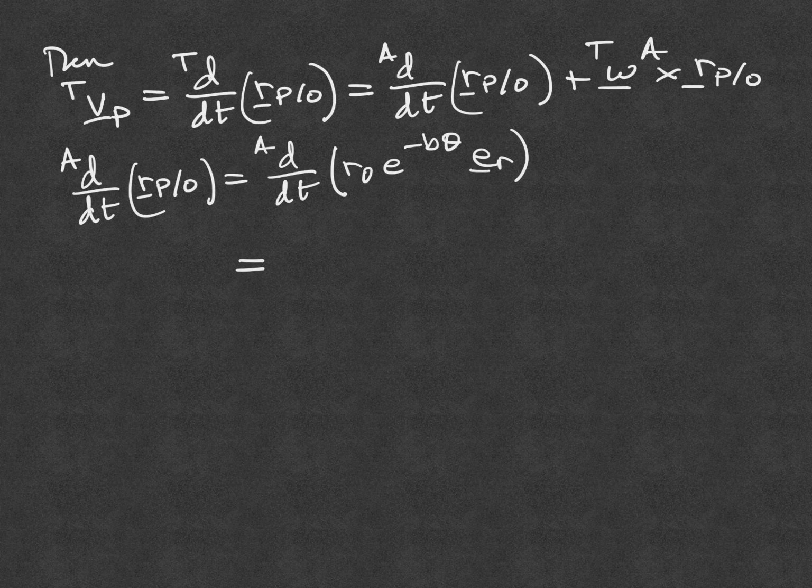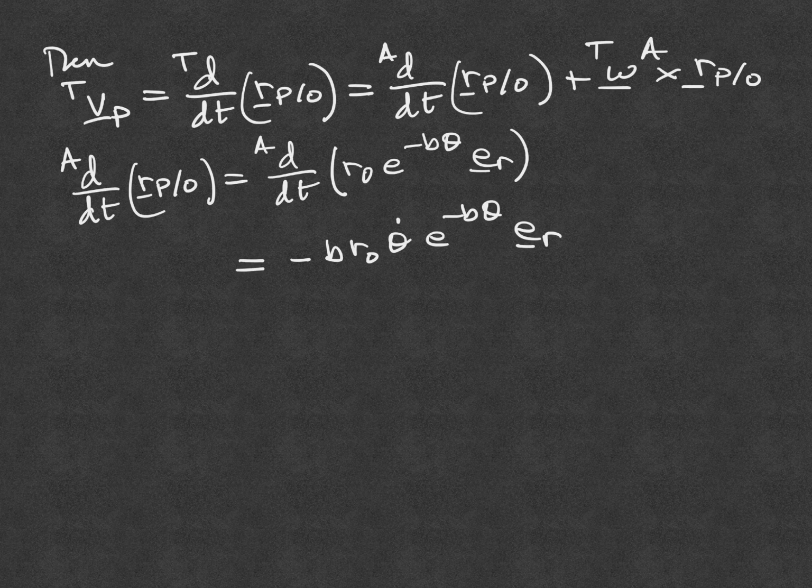So this coefficient, when I differentiate it, gives me minus b r0 times theta dot times e to the minus b theta times er. So how did I get that? Well, the derivative of e to the minus b theta is minus b e to the minus b theta, but I'm differentiating with respect to time, so I have to multiply by d theta dt, which is how I got that expression.